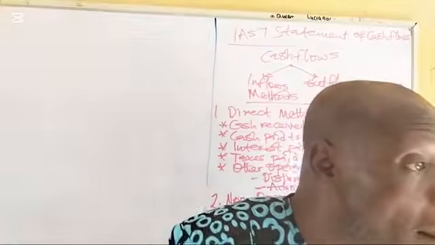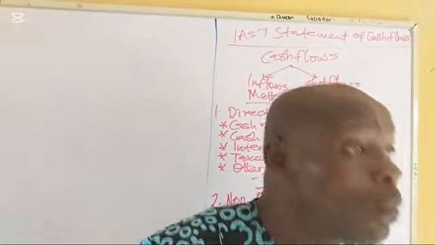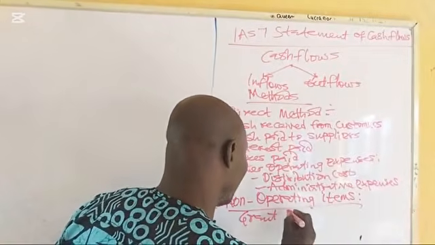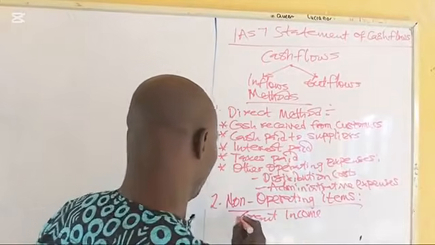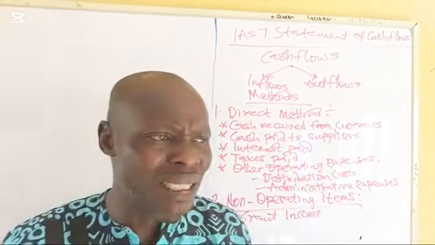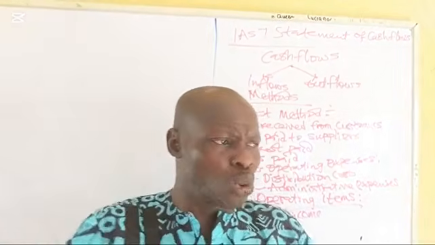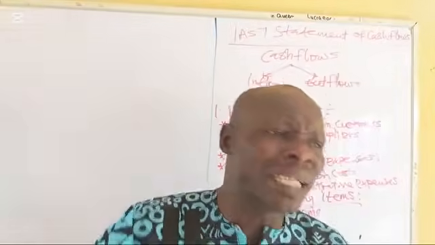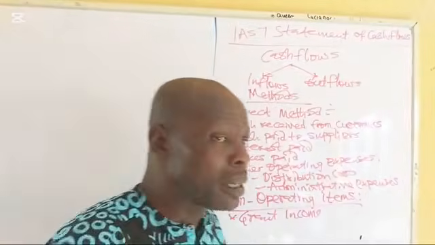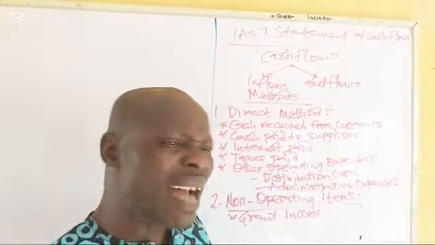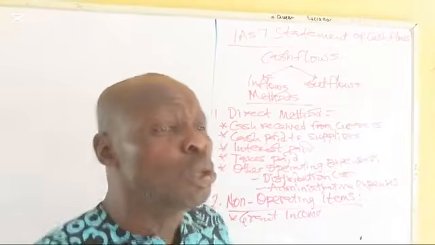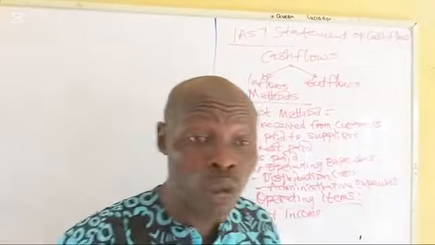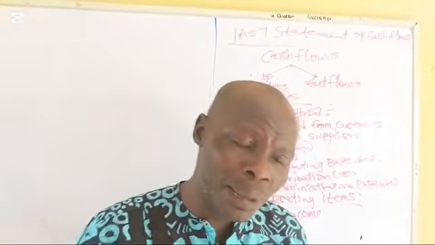Since it doesn't relate to operating, you will need to eliminate it, grant income or grant received. You eliminate its impact from the profit before tax, because you are converting your profit before tax to cash flows from operating activities. So anything that doesn't relate to operating, you have to eliminate their impact. Please bear that in mind.